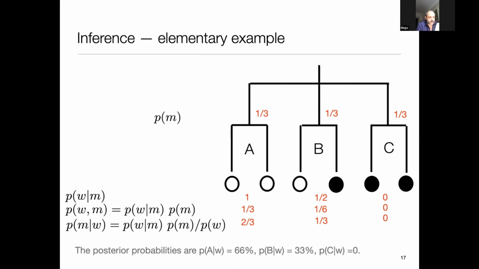And therefore, I now have all the ingredients to calculate what I want to know, which are the posterior probabilities. If I work out the simple algebra here, I get that the posterior probabilities are: P of bag A given that I observed white is 66%, P of bag B given that I observed white is 33%, and P of bag C given that I observed white is 0.